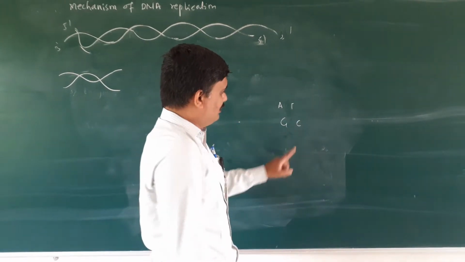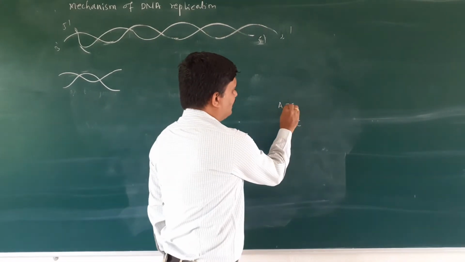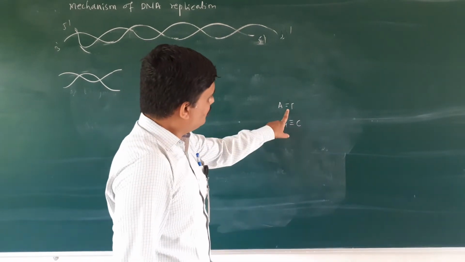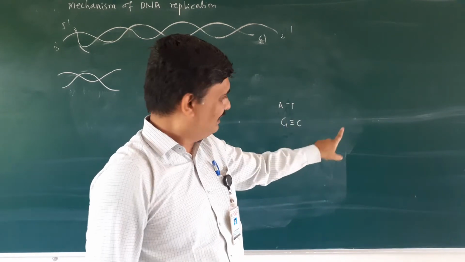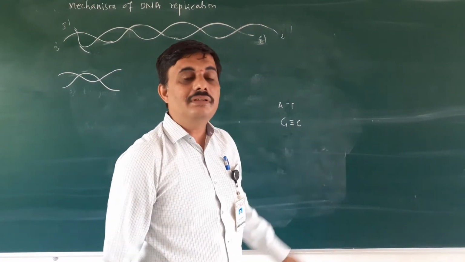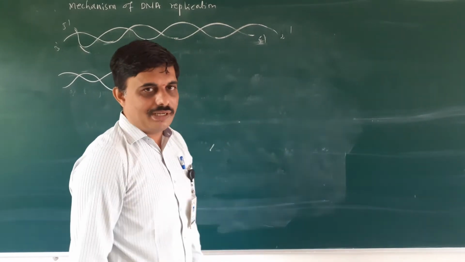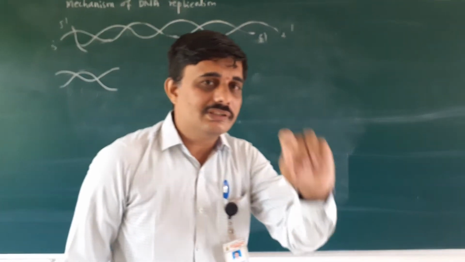Guanine and cytosine have 3 hydrogen bonds, whereas adenine and thymine have 2 hydrogen bonds. So it is easy to break the 2 hydrogen bonds; the bond strength is lesser than that between guanine and cytosine. So the origin of replication is where the AT composition is high.